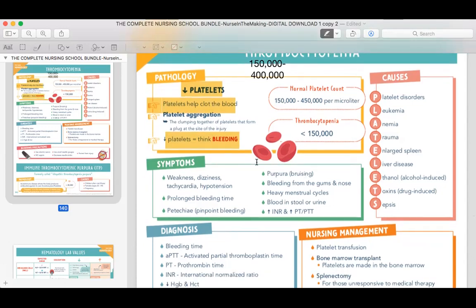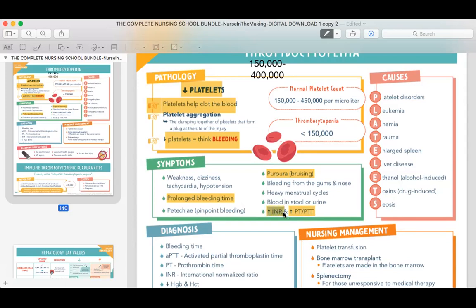So what signs and symptoms are going to be associated with this? On ATI, I've seen purpura, which is bruising. I have seen prolonged bleeding times, your PT. Your PT is going to be elevated because you're taking longer to clot.